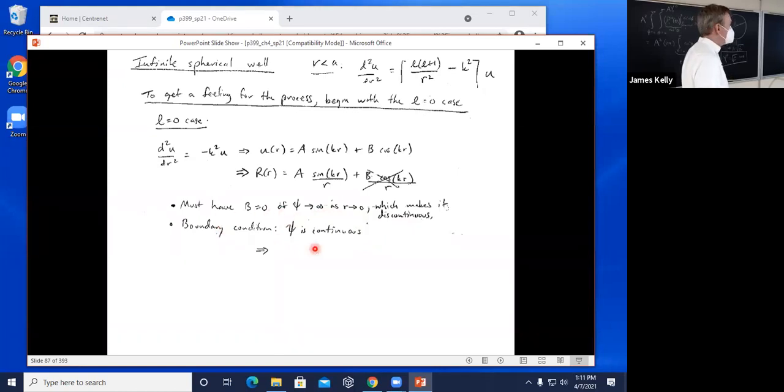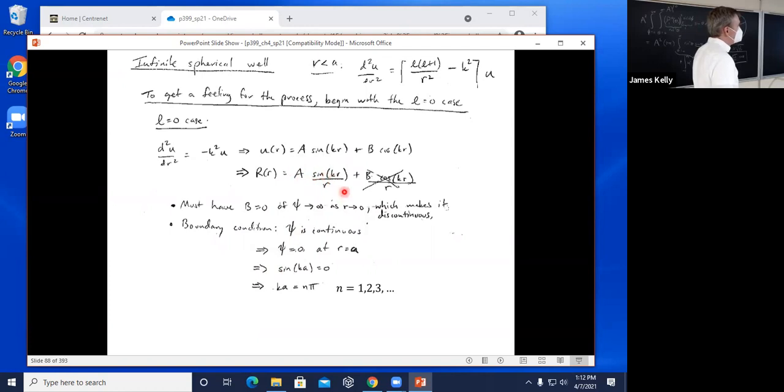But psi certainly has to be continuous. And so I've got to make sure that my solution inside matches my solution outside. When I plug in psi at r equals a, it better go to 0 because it's got to match up with 0 outside, right? So the only way for this to be 0, the a is not going to make it 0.